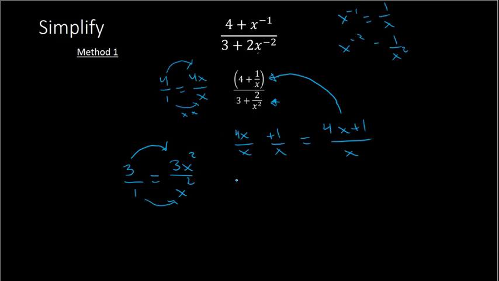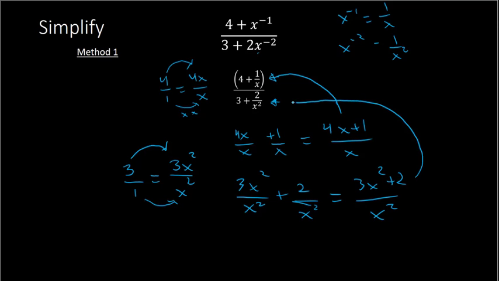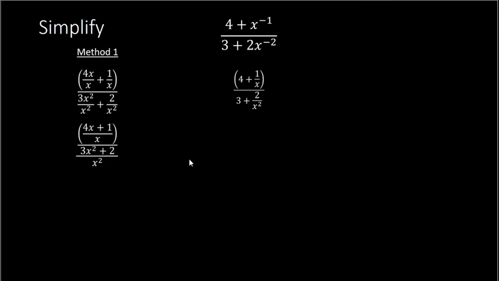So what we have is 3x squared over x squared plus 2 over x squared. And that can combine to get 3x squared plus 2 over x squared. So this would be down here in the bottom. So replacing the numerator and denominator with these new fractions, we see everything typed up right over here.